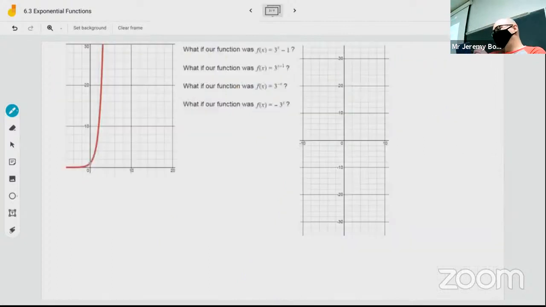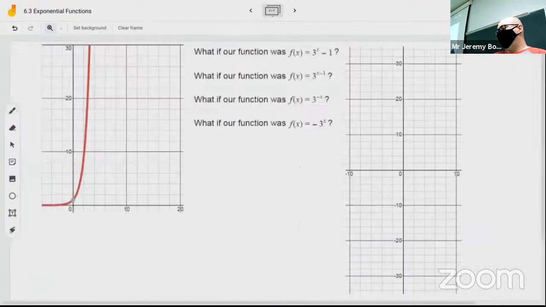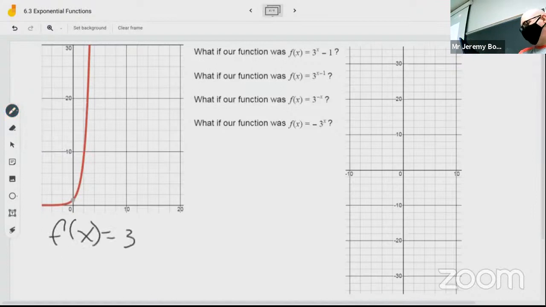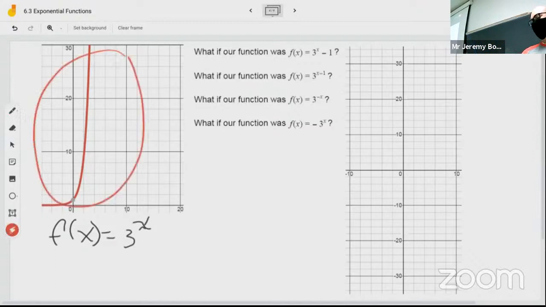All right, so there are some things that we can learn about these and how they shift depending on what we do to the function. We started out with the base function f of x is equal to 3 raised to the x. And that is this graph right here, the one we just drew.